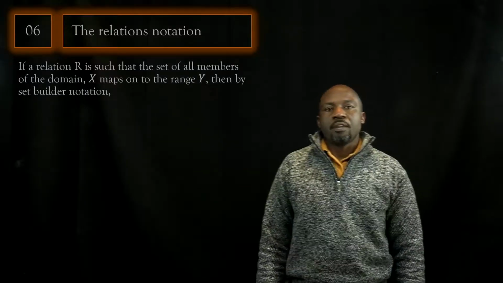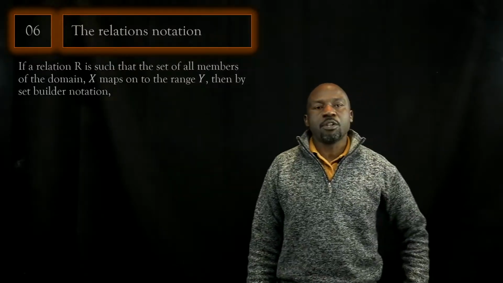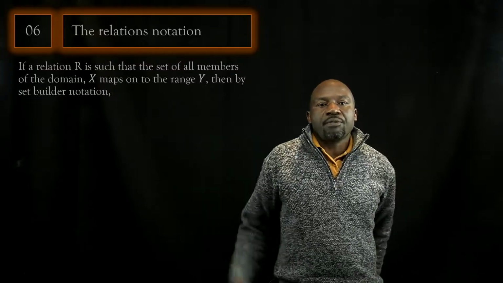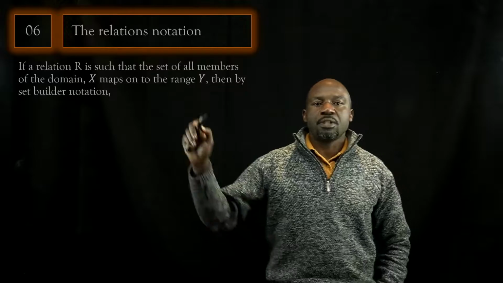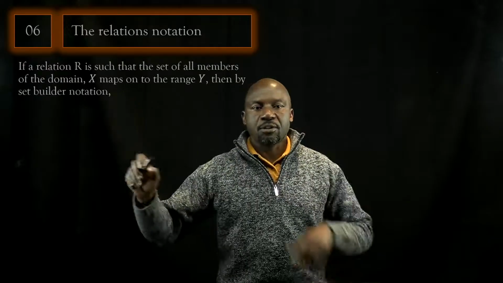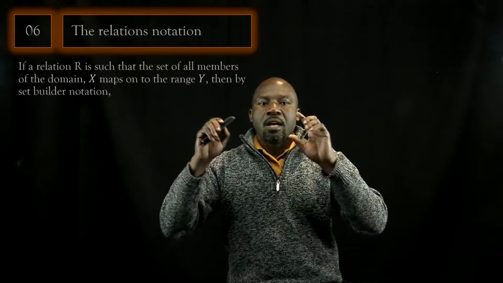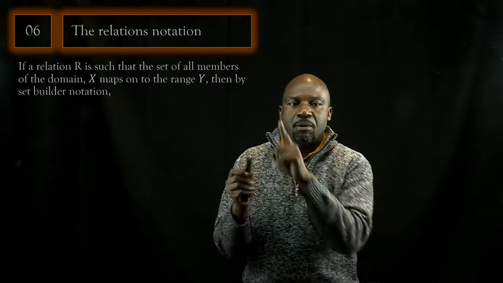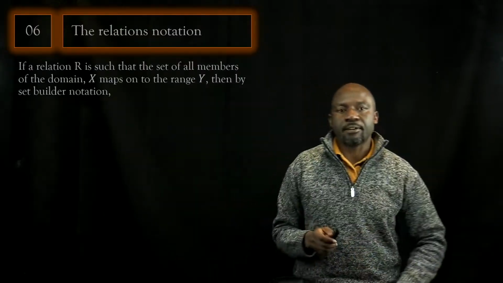So if a relation R is such that, this is now like a formal definition of a relation notation. If a relation R is such that the set of all members of the domain, that means all the values of x, map onto the set of y values. Mapping onto is an arrow with some line on the end, right?